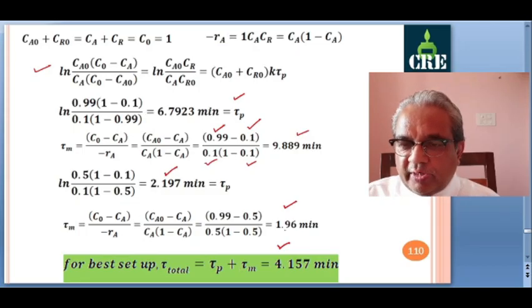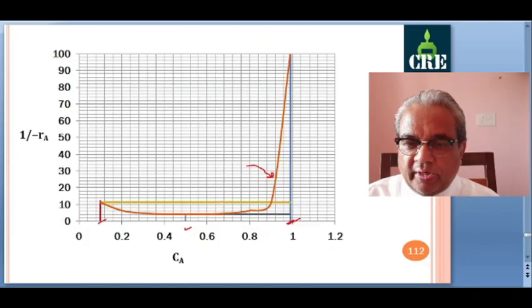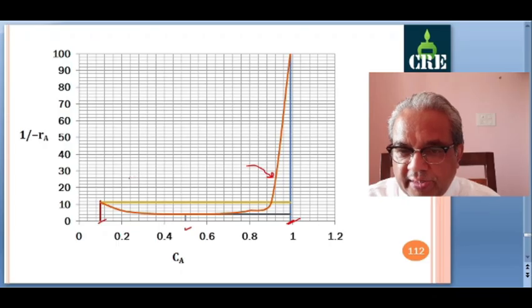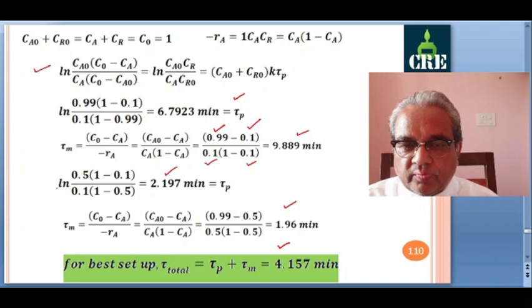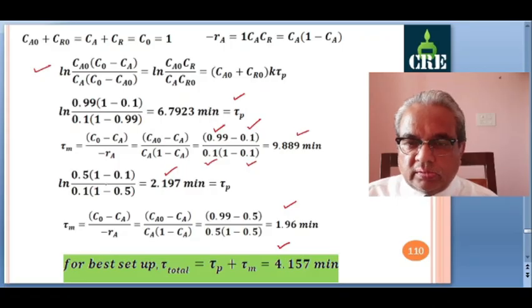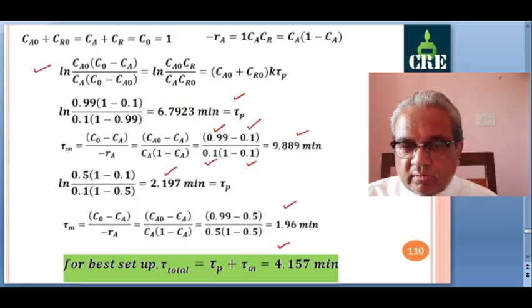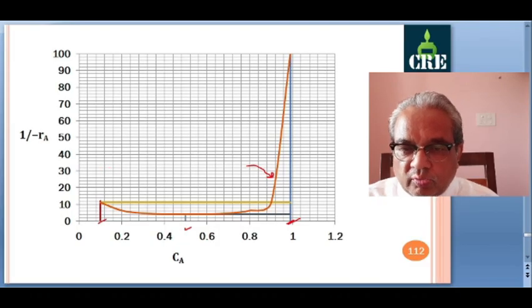So 2.197 and 1.96, you can find this from the area under the curve and this from the area of the rectangle, and this we have calculated with the point identified at 0.5. You can calculate it from the model equation also. So this is 0.5. So 0.5 into 1 minus 0.1, over 0.1 into 1 minus 0.5, gives tau p. Your plug flow reactor goes from 0.5 to 0.1.